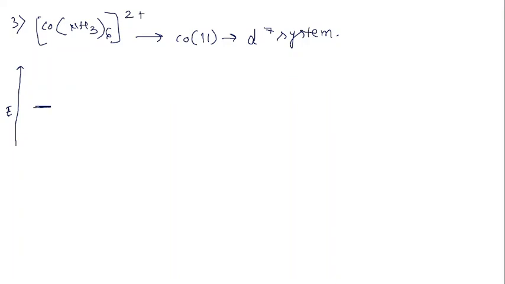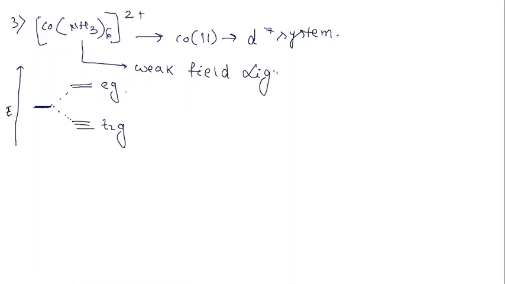Just consider whenever it becomes degenerate, t2g and eg. Now I fill with electrons. Here this NH3 is a weak field ligand, so it is a high spin complex.